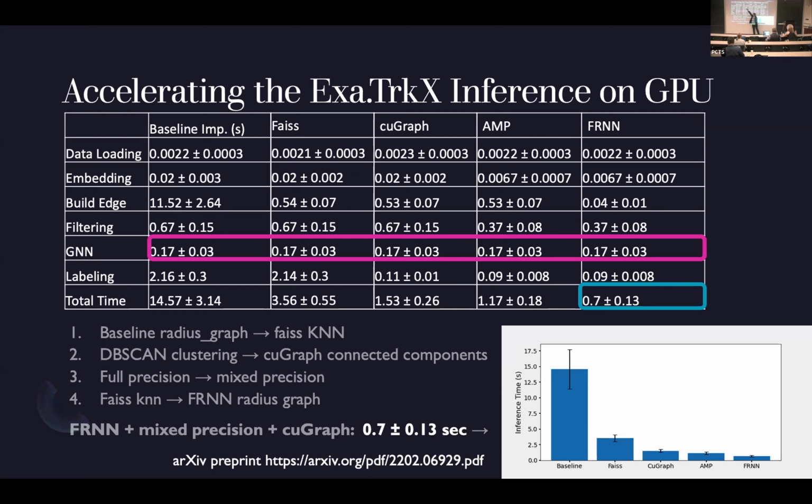Yeah, it's just this one. And then cuGraph just does labeling. And mixed precision just does embedding and filtering. And then finally this one, build edges.